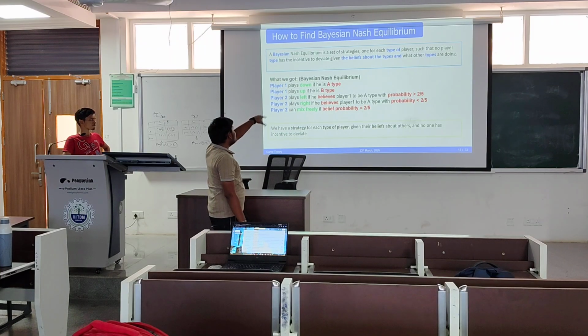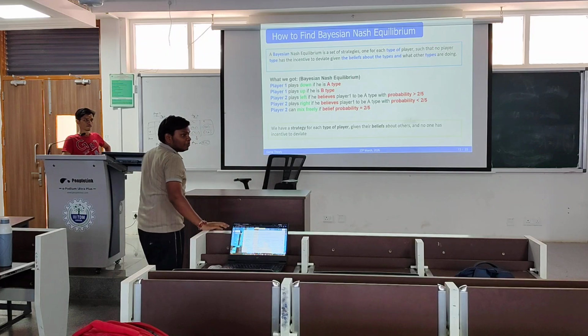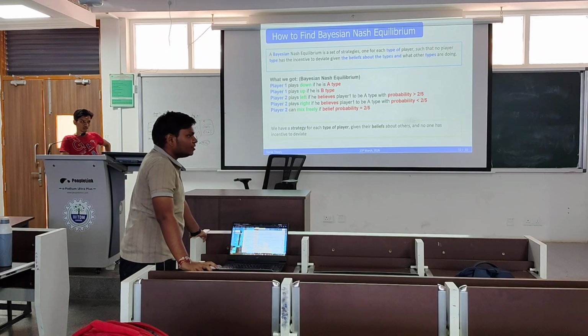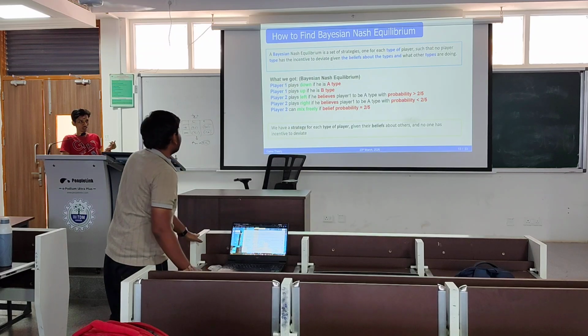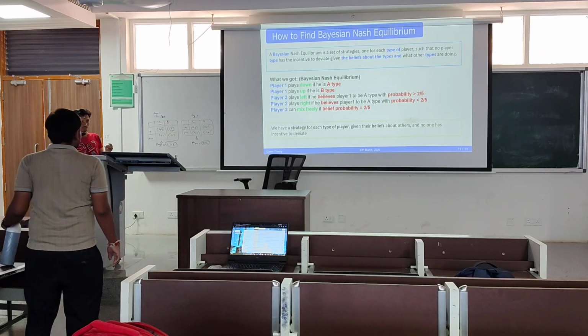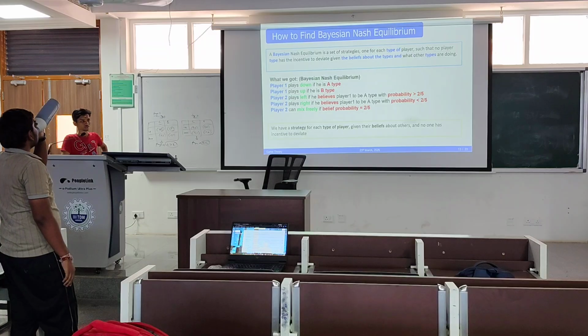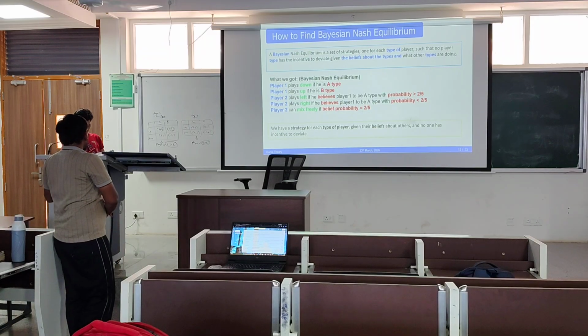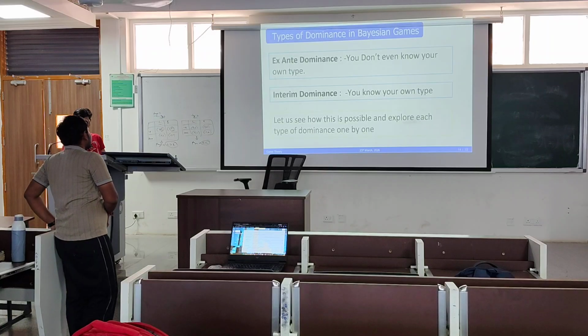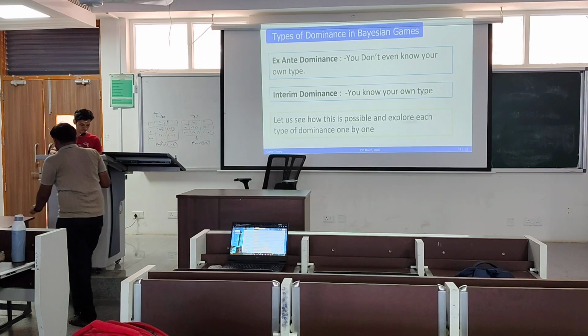This is what we call Bayesian Nash equilibrium. What will be the strategy? It is Nash plus type and probability and prior belief.